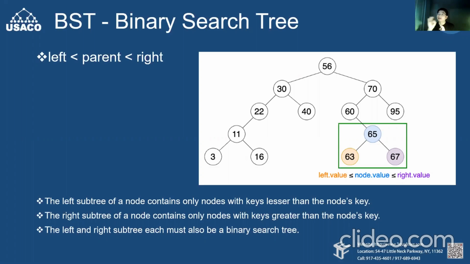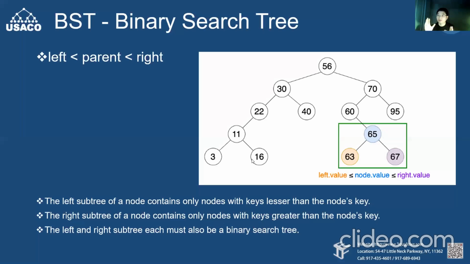And you're going to find that in all the subtrees of the whole BST tree, the rule is applied to every subtree. 30, 22, 40, right? 22 has only one left node, which is smaller than him. 2, valid, right? And if we have 11 in the middle, 3, 15, good.